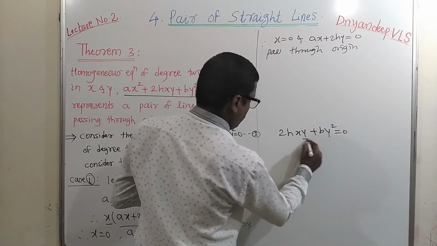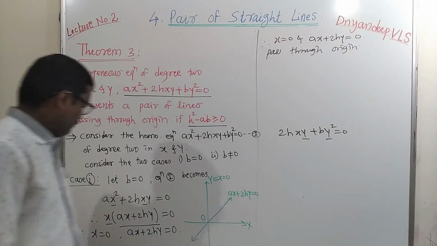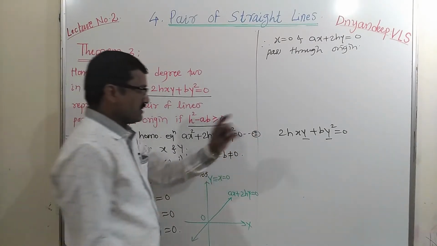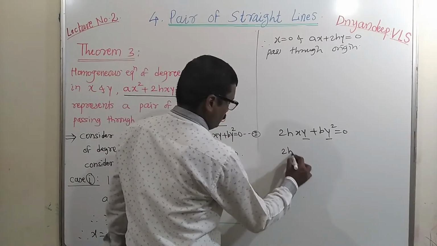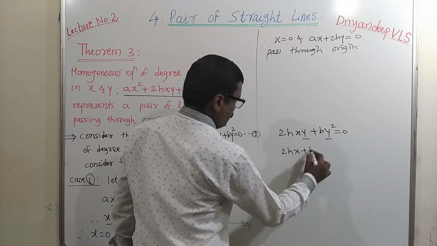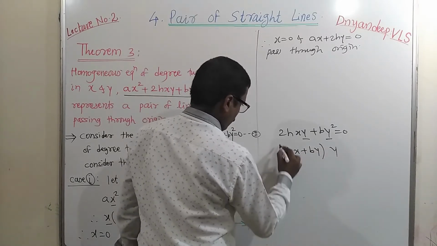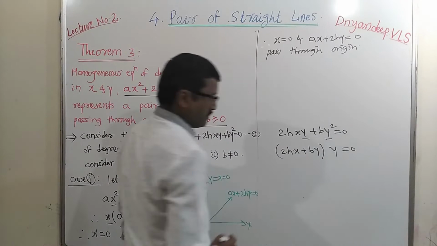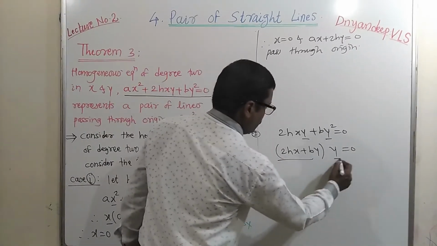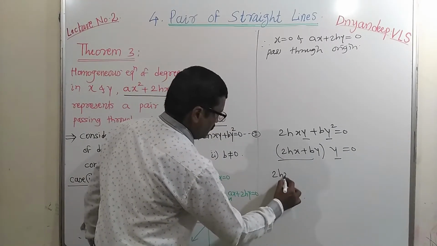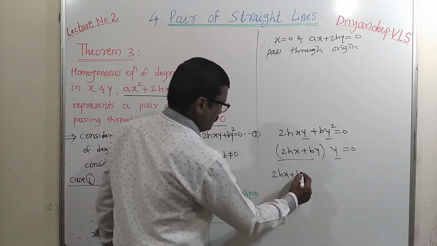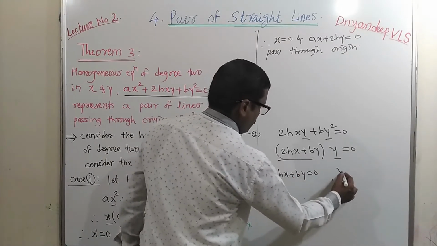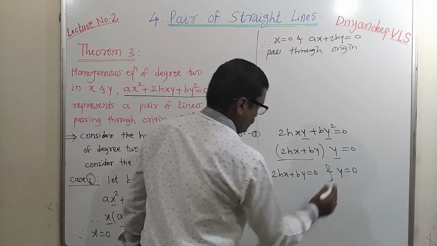From these two terms you can take common y. Here we have taken common x; at this stage you can take common y. So y in bracket 2hx plus by equal to 0. The product of these two numbers is 0, so each one is 0. So 2hx plus by equal to 0 and y equal to 0.